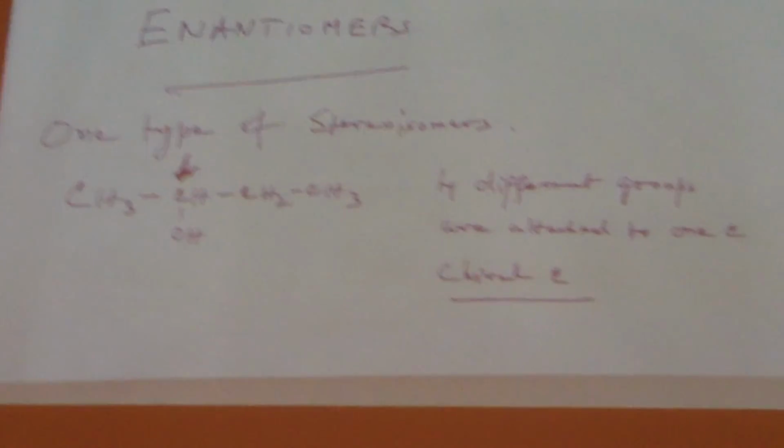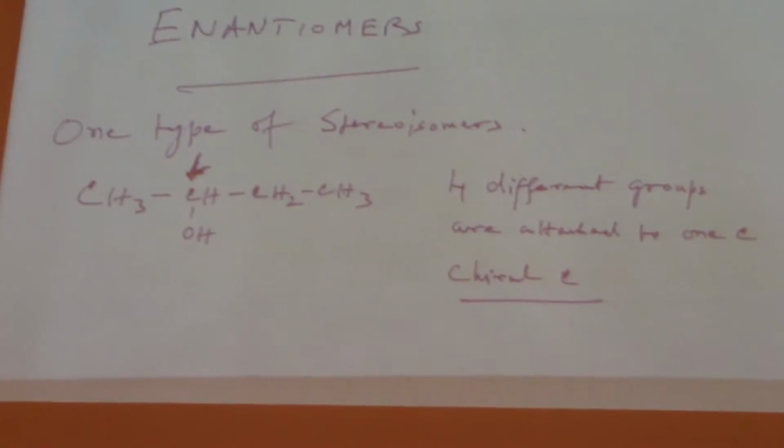Which means that we can draw 2 different structures of this compound, and they would be mirror image structures. So in 3 dimensions now, let's say you have OH, CH3 and CH2CH3.